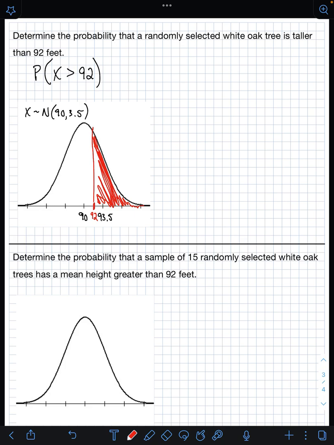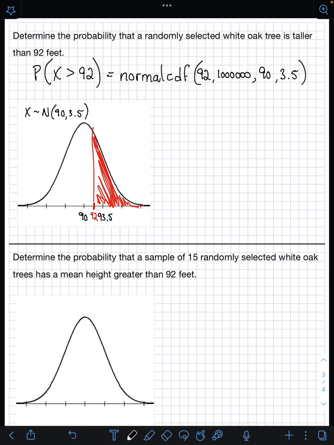And the probability of this, which we can obtain using technology, I'll use the command for the TI-84 calculator. Normal CDF from 92 to our version of infinity, whatever that may be. A large enough number like 1 million is quite sufficient.